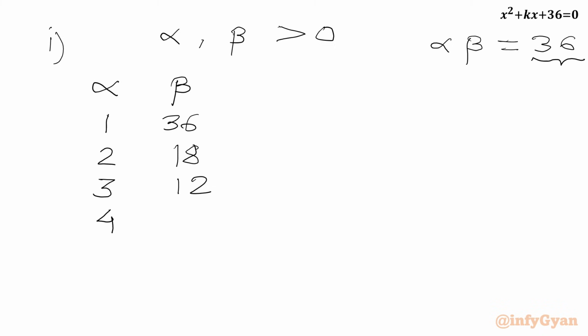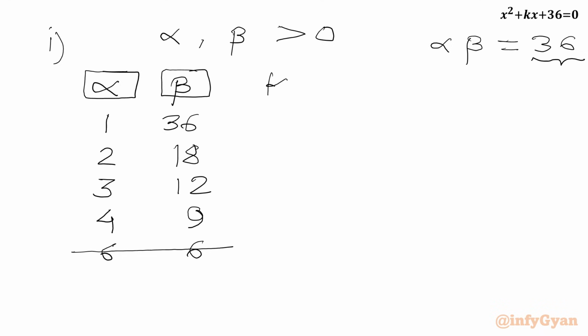And 4 times 9 is also 36. Then 6 times 6 is not acceptable, as we are looking for distinct roots. So alpha and beta should be distinct.